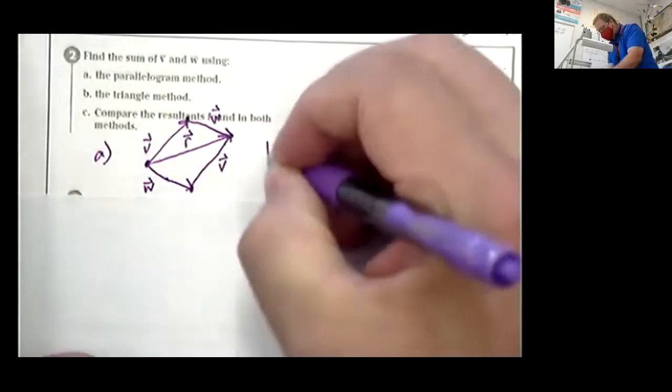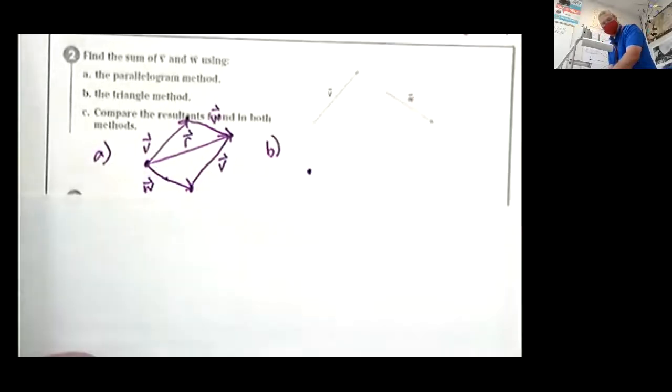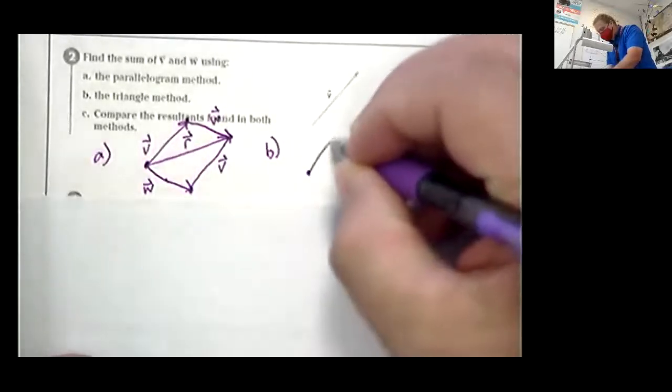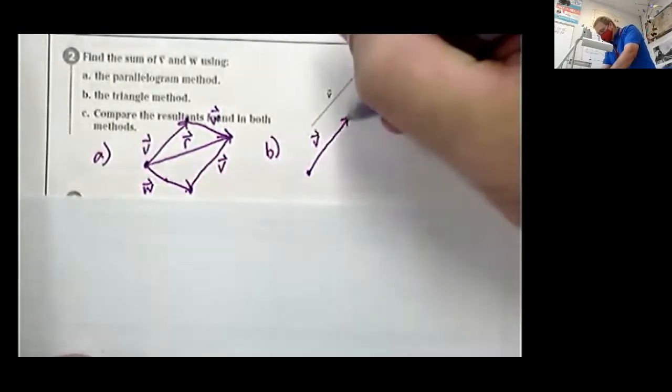The triangle method is kind of just a shortcut of that. So if I pick either vector, it doesn't matter which one I pick, I'm going to pick here vector v. So there's my vector v. And from that terminal point, I pick vector w.